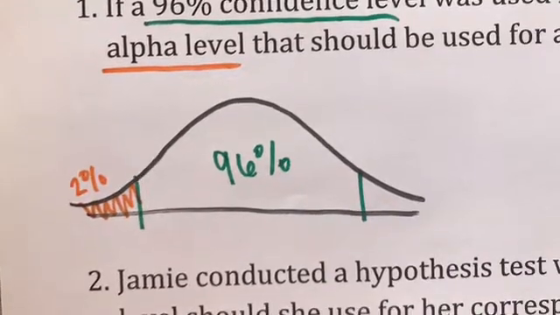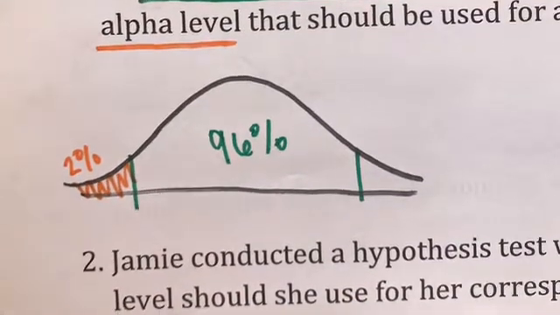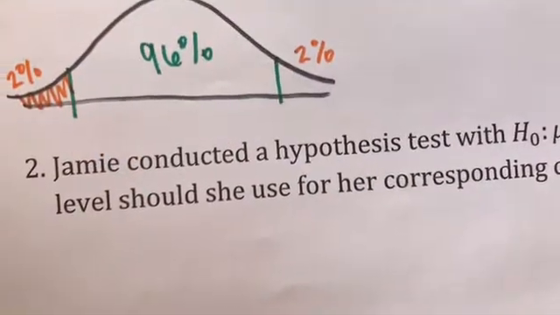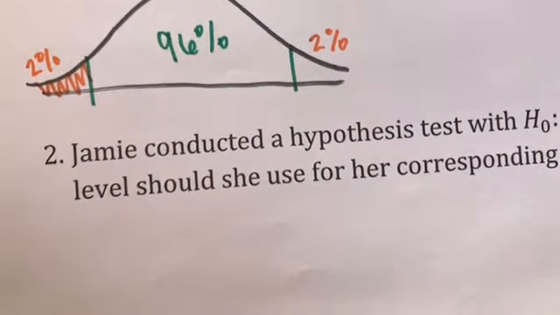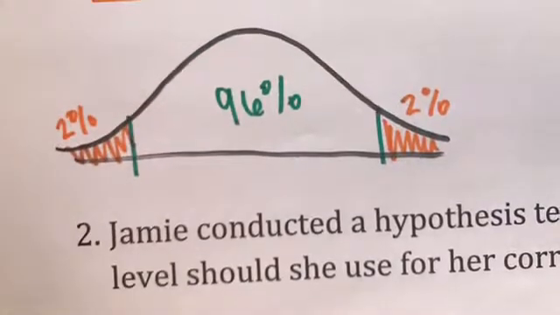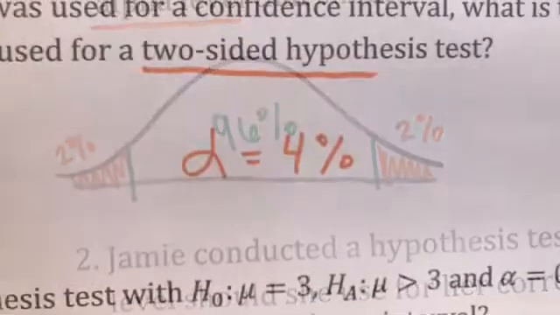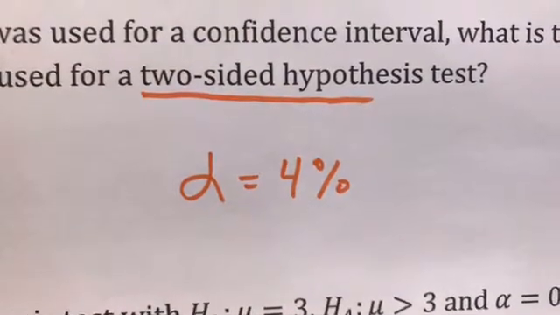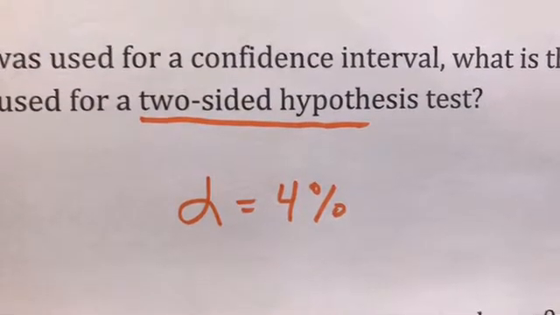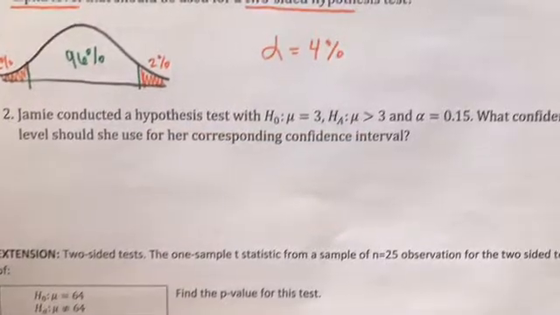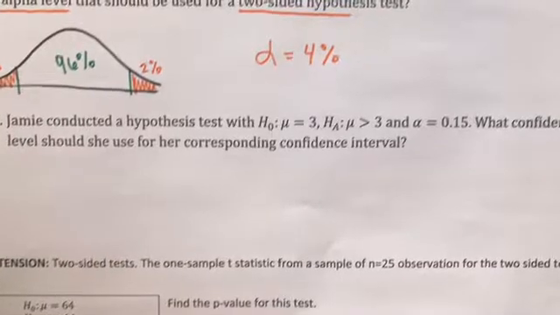Okay, so if I've got 2% shaded in the lower tail and 2% shaded in the upper tail, that gives me a total alpha level, because this was a two-tailed test, of 4%. And so a 96% confidence interval and a two-sided test is equivalent to an alpha of 4%.